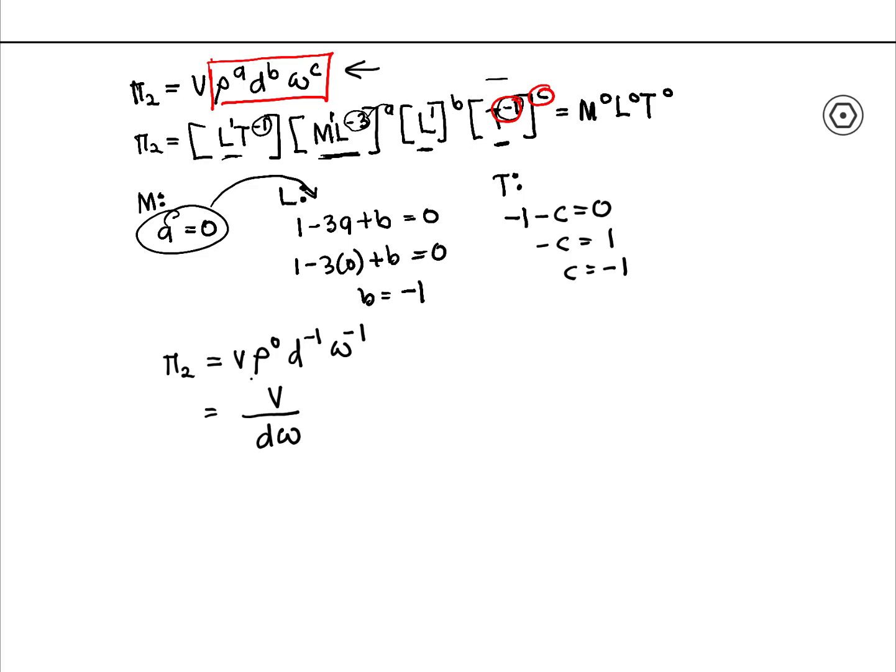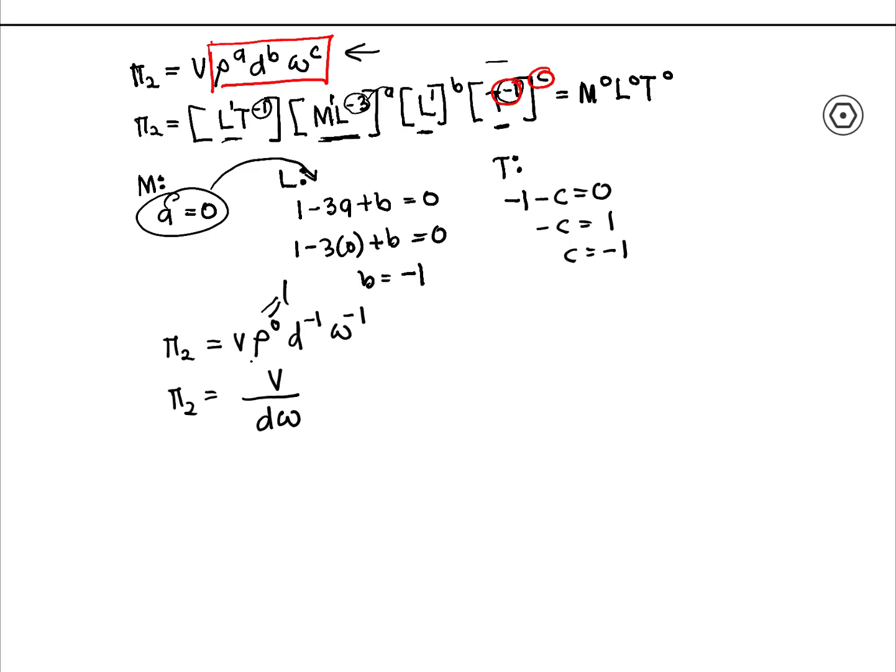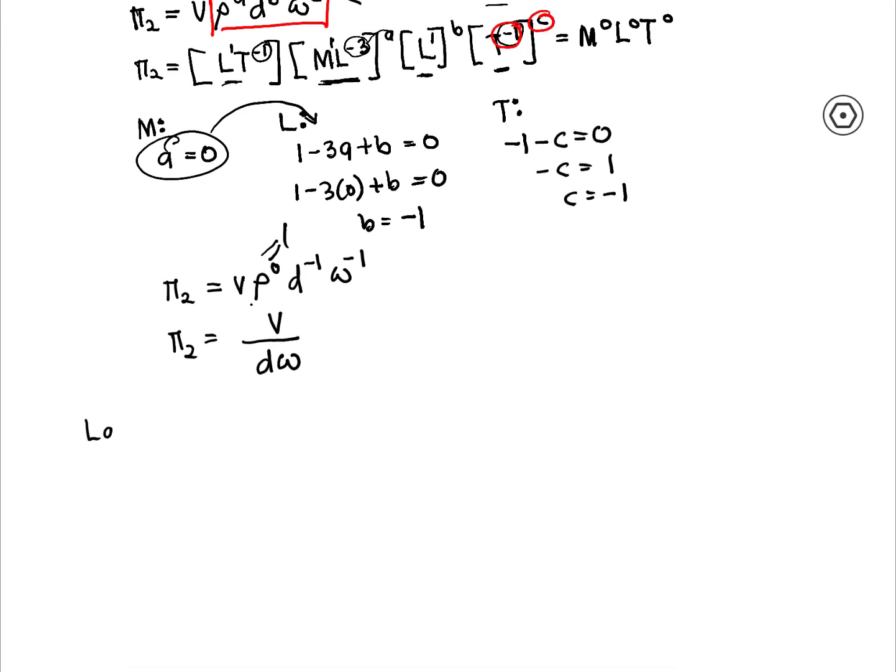Rho to the power of 0 is equal to 1. Then our pi 2 is v over d omega. Then lastly, substitute into pi 1 equal to function of pi 2.